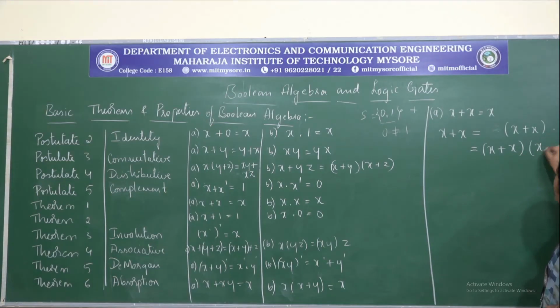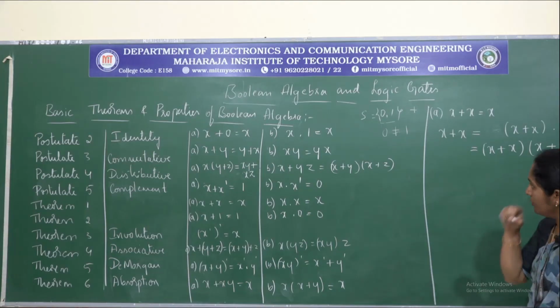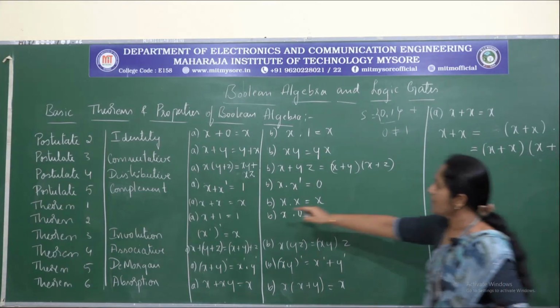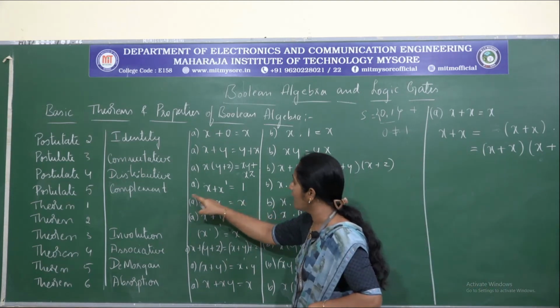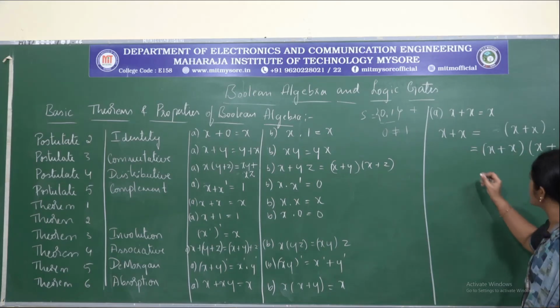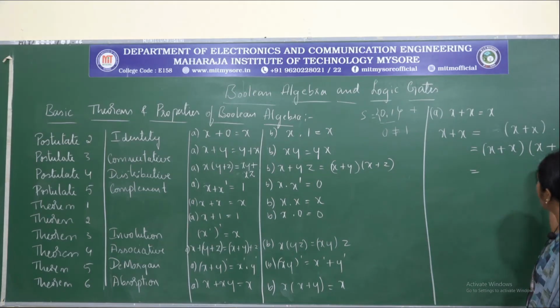For this 1, if you observe, from postulate 5 we can write 1 as x + x'. Therefore we can write 1 as x + x'.